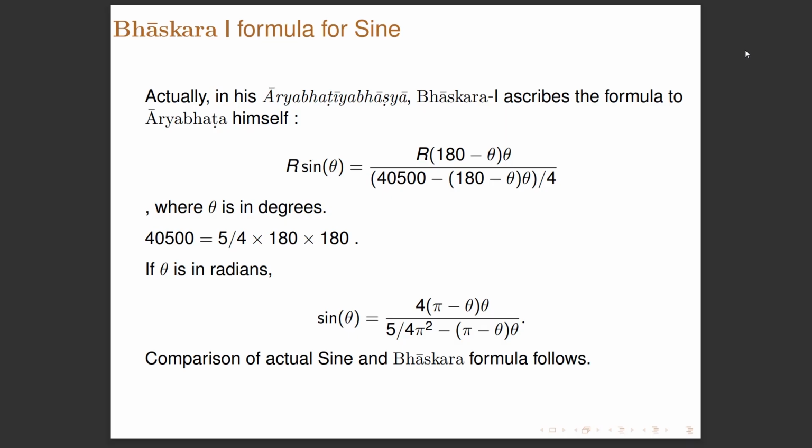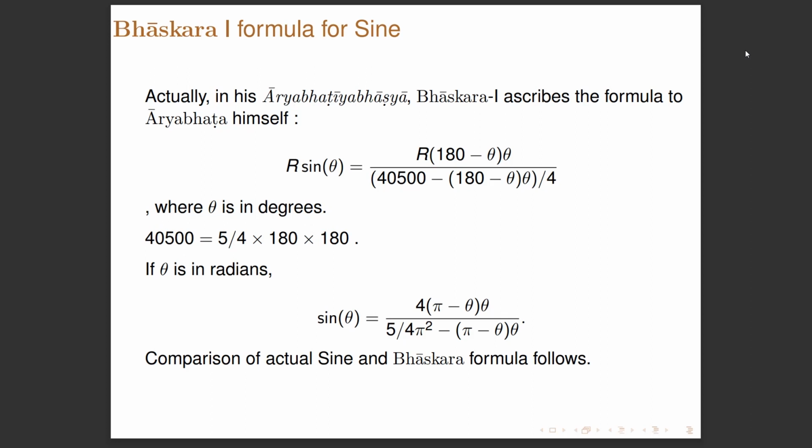Of course, they have not explained it, and Bhaskara 1 also has not explained it clearly. But later people can show that if you take it as a ratio of two polynomials, two quadratics, and make it optimal, then this is what you will get.